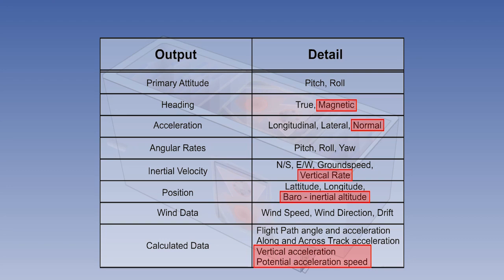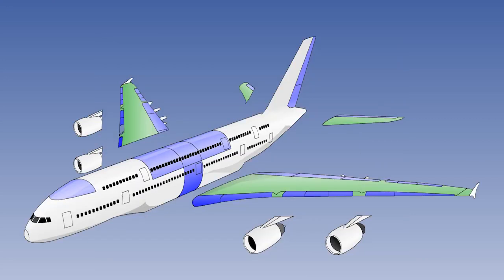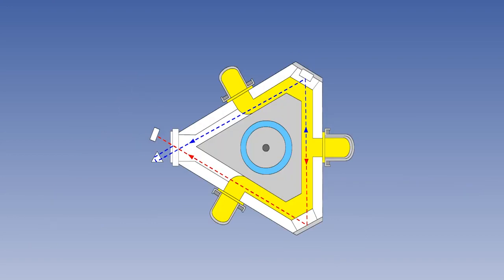The outputs of the IRS are broadly similar to those of the older INS, but with the addition of a vertical channel and a magnetic database. Modern aircraft are designed with the IRS at the heart of an integrated avionics system, which avoids duplication of sensors such as auxiliary gyros and other less accurate data sources. The next lesson will go on to consider the ring laser gyro.